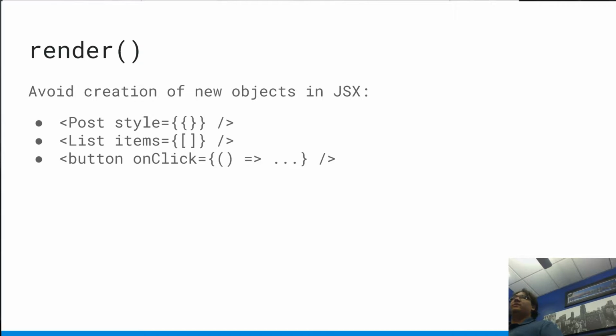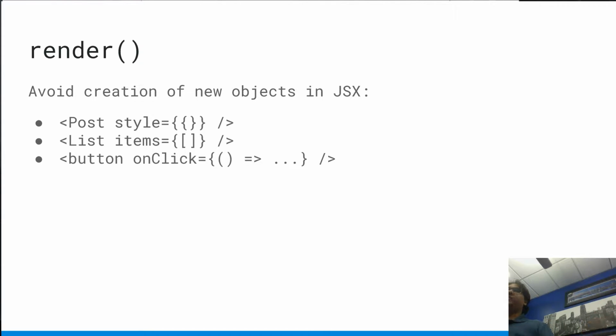Do you just move that code outside the JSX call and have it somewhere else or above in the render? So in the render method, if you're still creating a new instance, it'll still have the same effect, right? So, for example, in the on-click here, what I like to do is create a class property or a method on the component, which will have access to all the props.